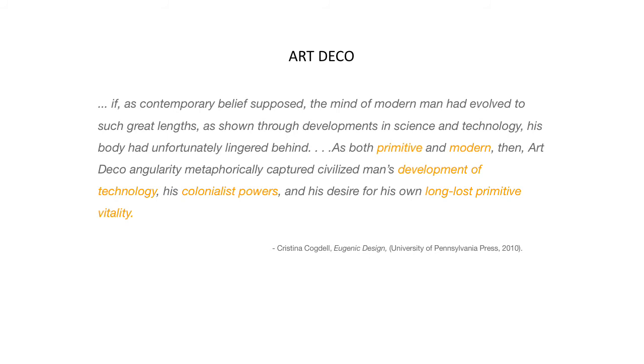As both primitive, and we want to trouble that word, and modern, then, Art Deco angularity metaphorically captured civilized man's development of technology, his colonialist powers, these powers of appropriation, and his desire for a long-lost vitality that he saw, that we saw, or thought we saw in long-lost earlier cultures.